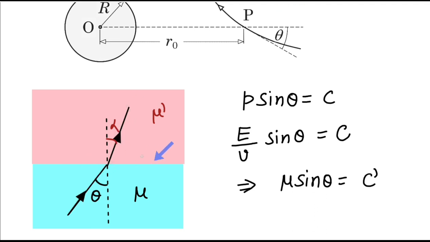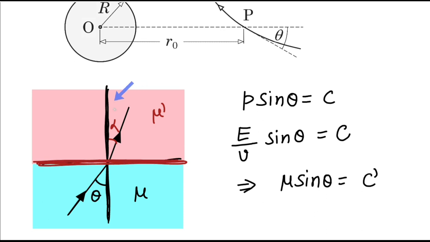And what is happening here at the medium boundary is that you can consider a kind of force acting on this photon, and the force will be perpendicular to the medium boundary, right? So we have a medium boundary, that is this horizontal line here, and perpendicular to this line, the black thick line here, the force will be acting along this line, right?